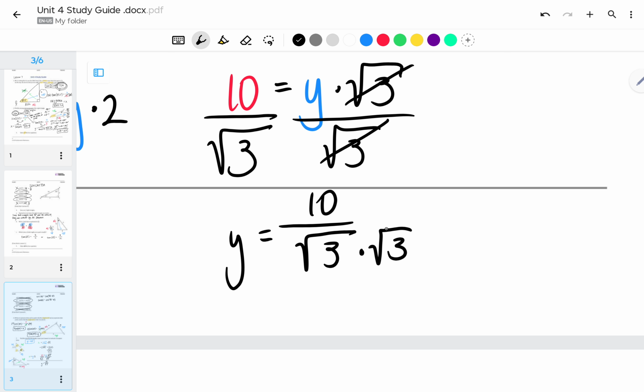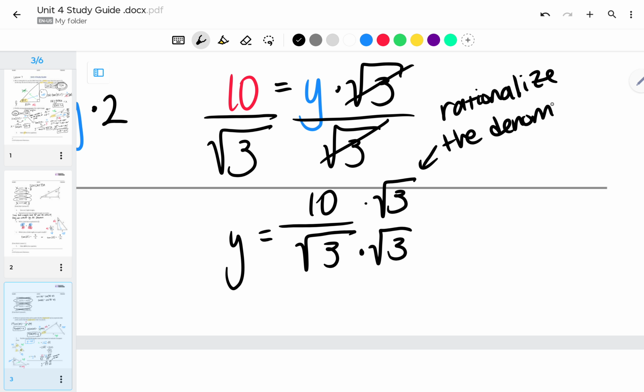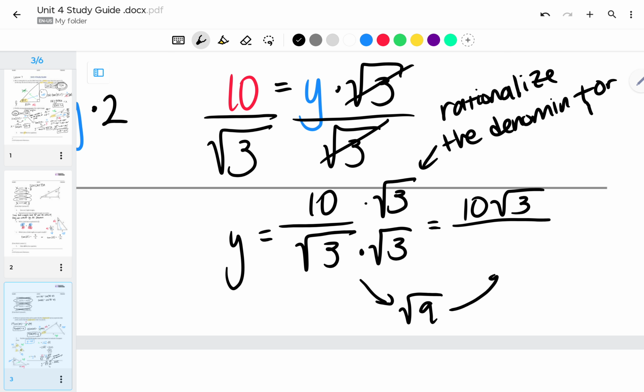Right, it can't happen. So we call this rationalizing the denominator. It's part of your simplifying process. Okay, you always simplify. So then the top is going to be 10 root 3. Square root of 3 times square root of 3, square root of 9. That turns into just 3.